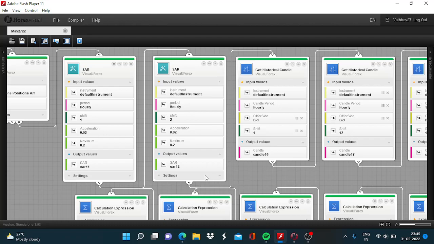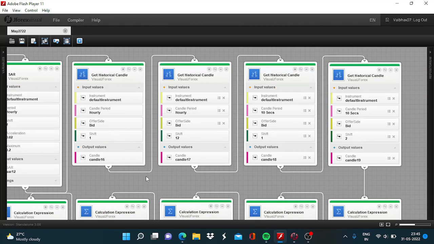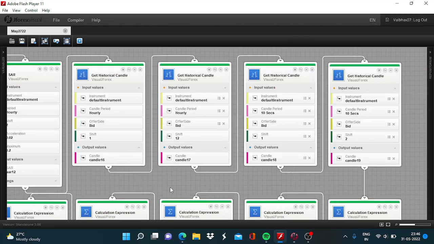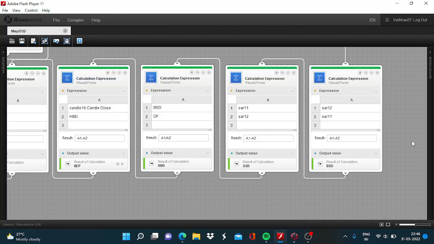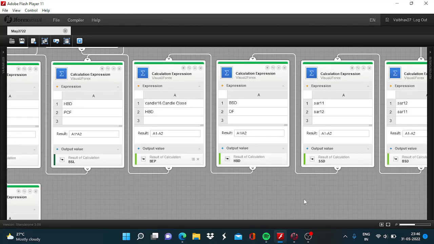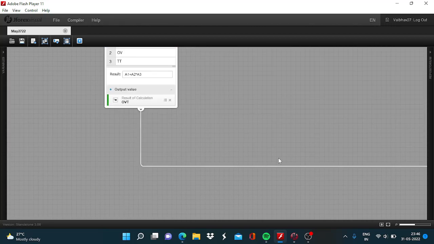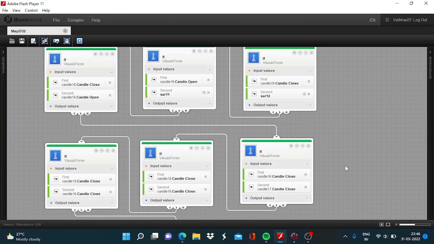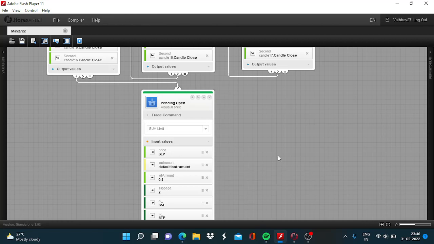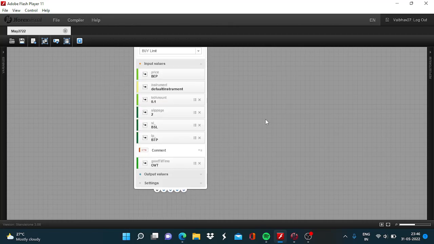To look at the price volatility, we have these logical blocks along with the info blocks in place, and on the lower side we have these variables created to define certain requirements, and then the conditions defined for the execution of the buy trade, followed by the trade command block of the buy limit order.